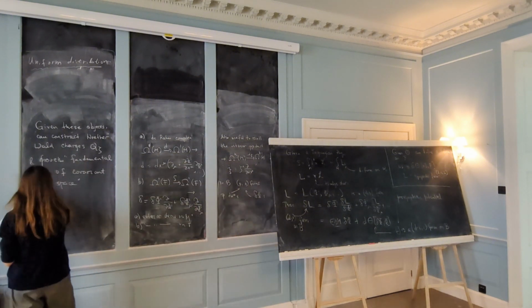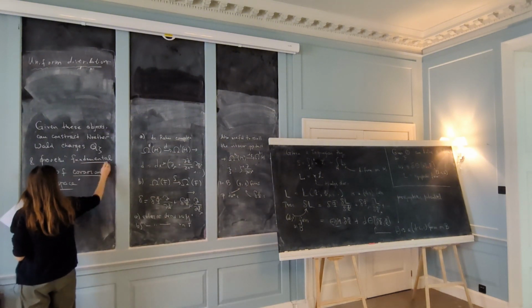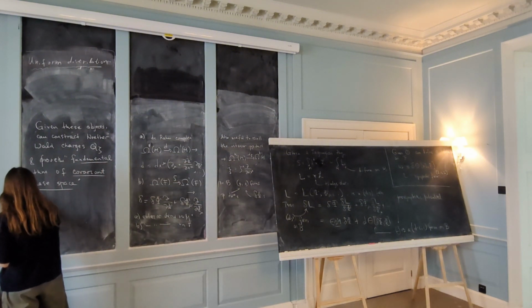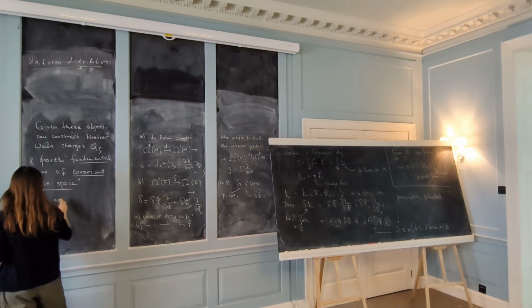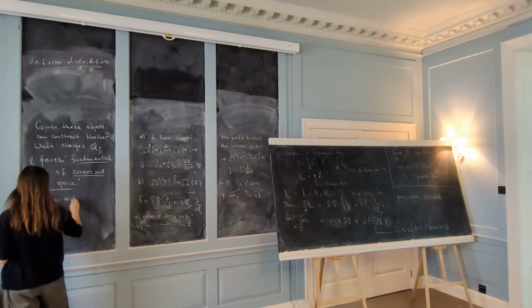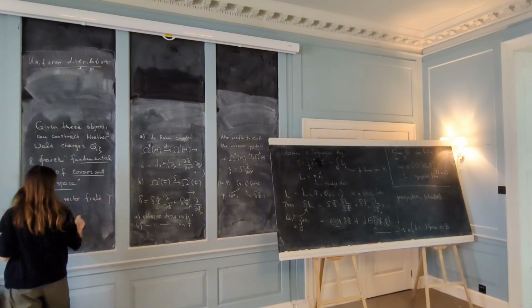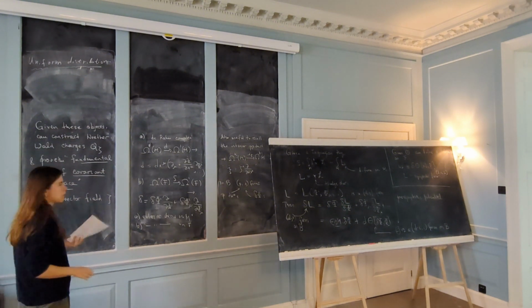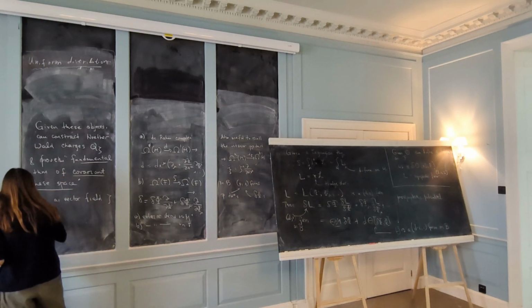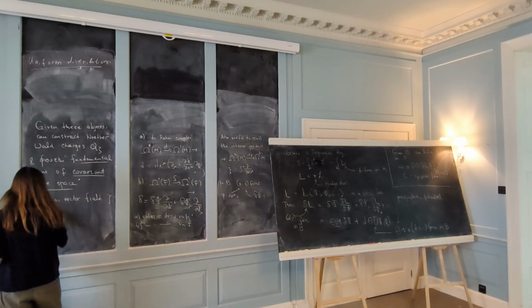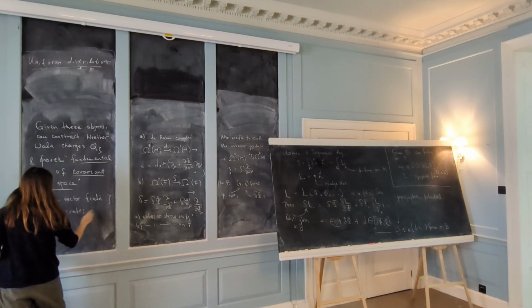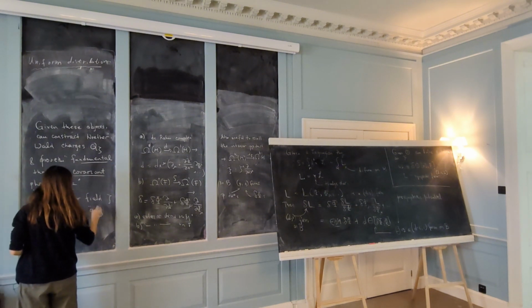So what does this tell us? It tells us that given a vector field zeta, like the ones we discussed before, that generates asymptotic symmetries.